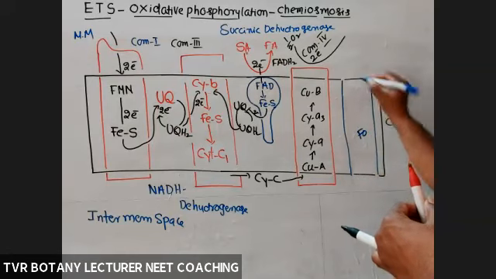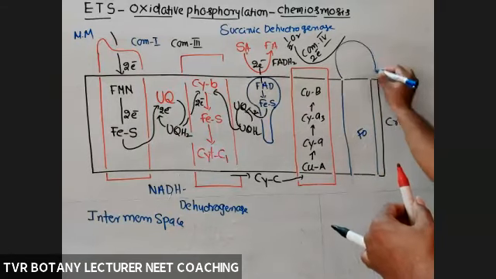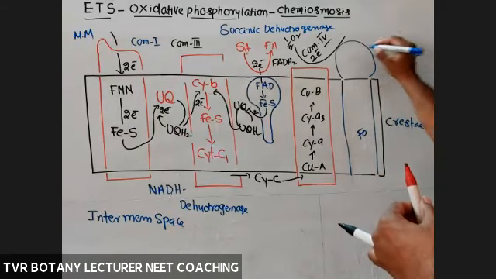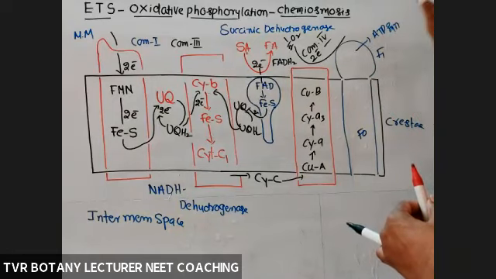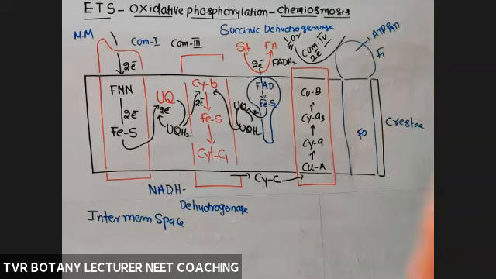So F0, and this one I'm taking like this, F1, that is with the ATP synthase enzyme. Okay, is it clear? Right? So these are the components required for oxidation of NADH and FADH2. Okay, is it clear? So you should memorize all these things.